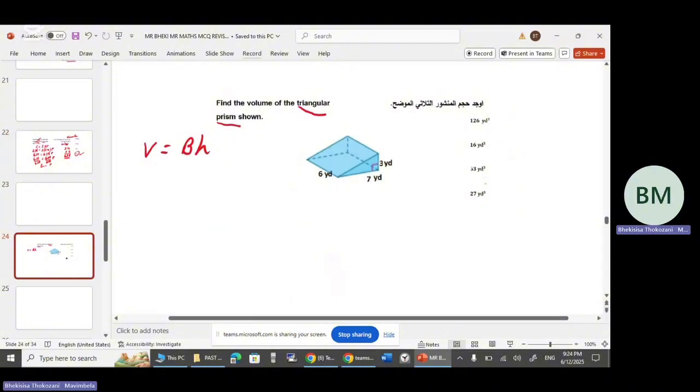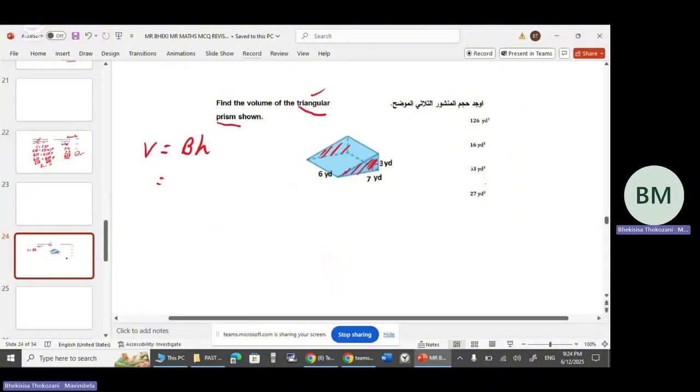In this case, it's a triangular prism, meaning that the base, which is this part, and there's one on the other side too, but I'm focusing on this one here. Okay, guys, so that's my base. Let me find it first. So we know this is triangular.